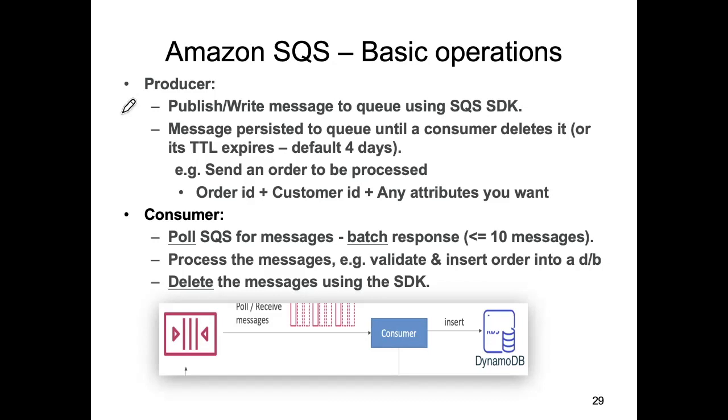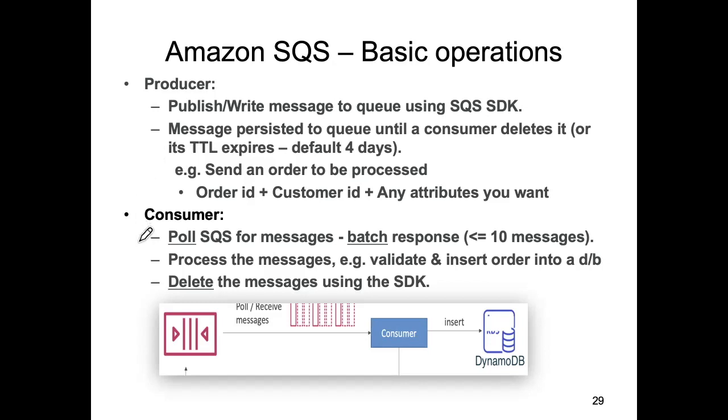If that's not what you want, if you want all of the consumers to see all of the messages, then you can't use SQS. You've got to use another service, essentially SNS. But the point I'm trying to make is with SQS, once one consumer reads a message, processes it and deletes it, then obviously the other consumers won't see it. That's not a bug, that's just the way it's designed.